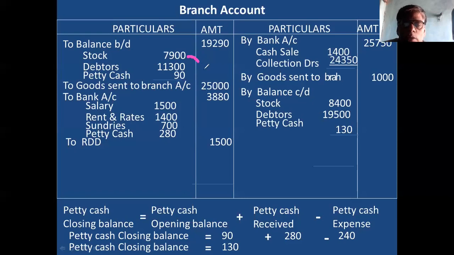Whatever amount is on the debit side, you have to write the loading on the credit side. The second is goods sent to branch; on this you write the loading. Remember this: 2 items additionally come. For opening stock, you write by stock reserve, and for goods sent to branch, you write as goods sent to branch. That is the removal of loading.